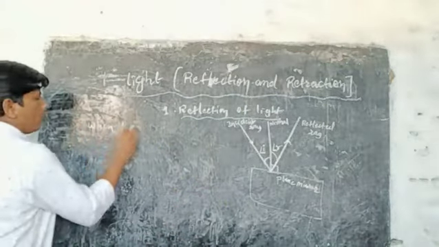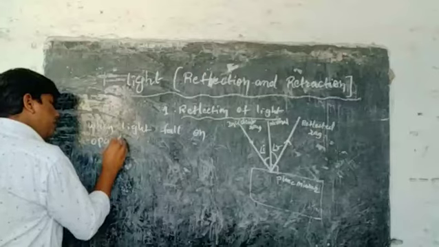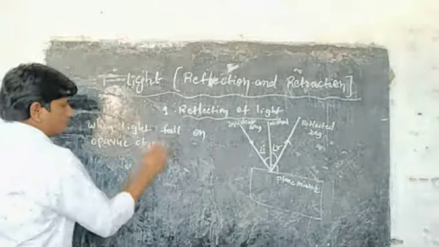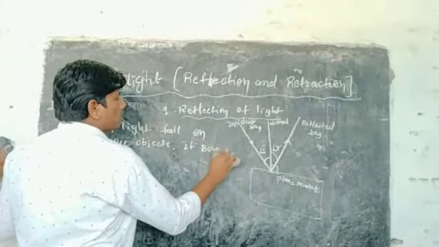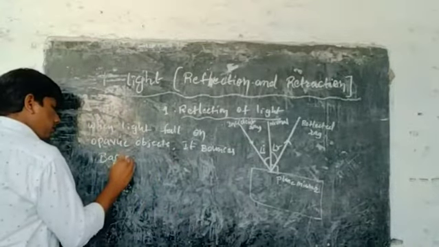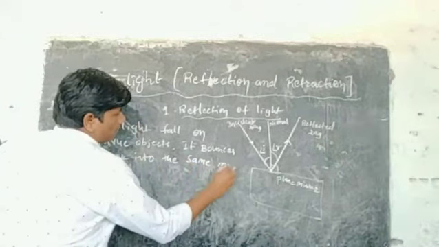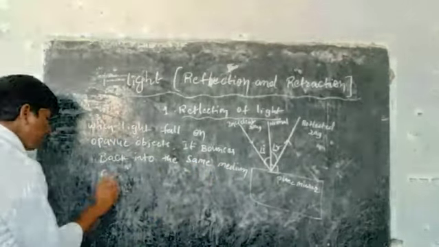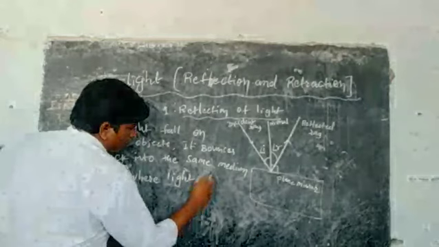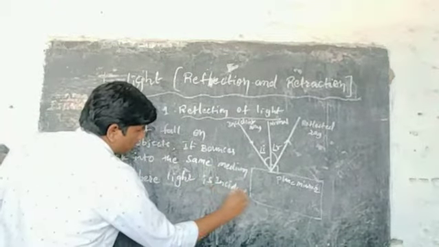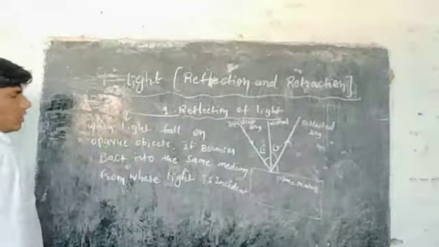When light falls on opaque objects, it bounces back into the same medium from where the light is incident. That is called reflection of light.